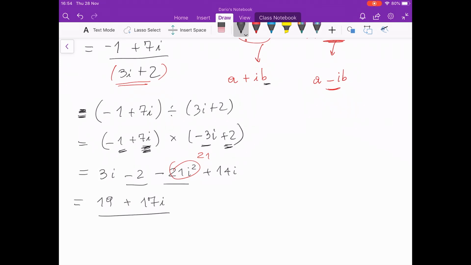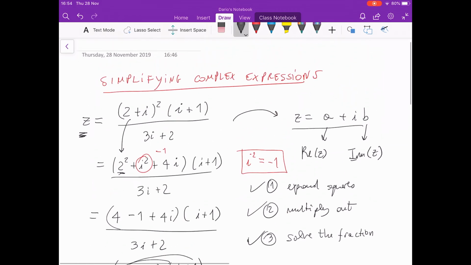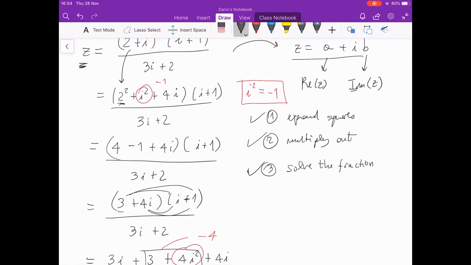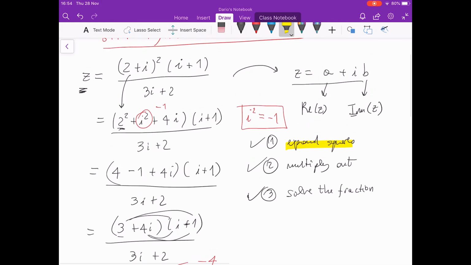So let's summarize. What do you need to do in order to simplify complex expressions? You first need to expand any squares that you might have in your expression. In this case we had 2 plus i. Then multiply out any brackets that you encounter in your way. In this case we had to multiply this times that, which in fact we did here. And finally solve the fraction.